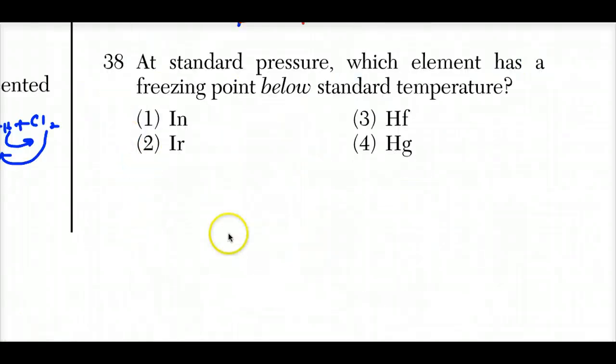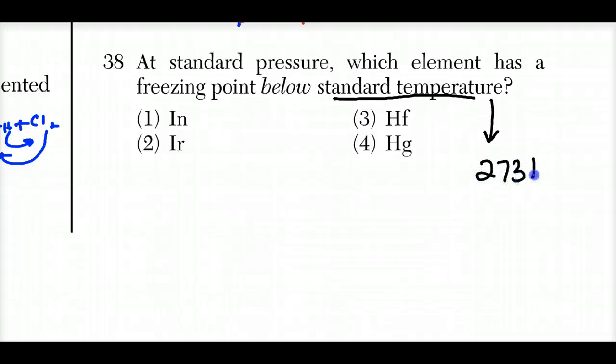Number 38. At standard pressure, which element has a freezing point below standard temperature? Now, if you didn't know that standard temperature is 273 kelvins or 0 degrees Celsius, you could look here.